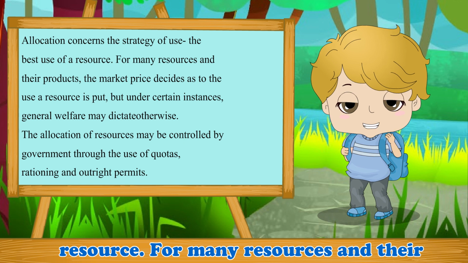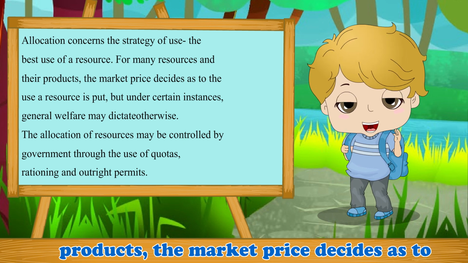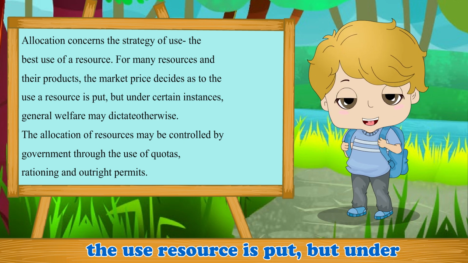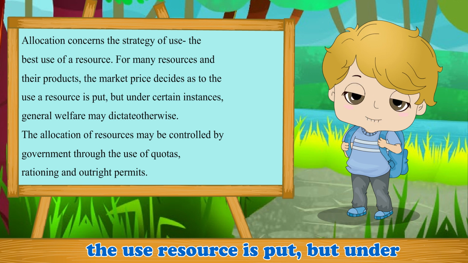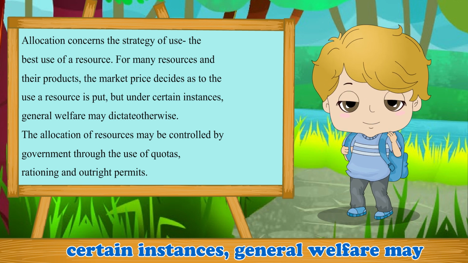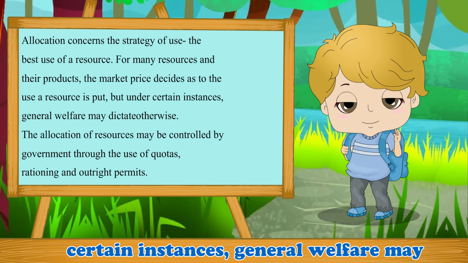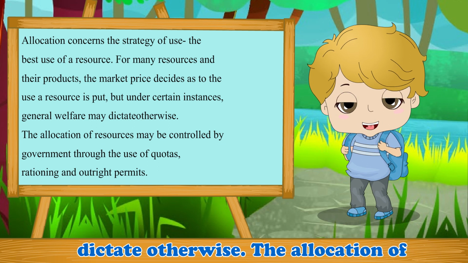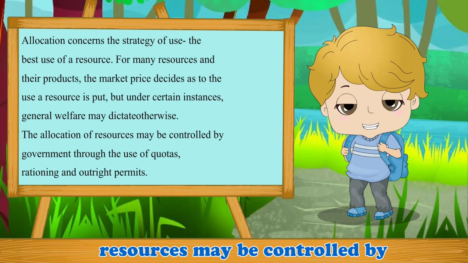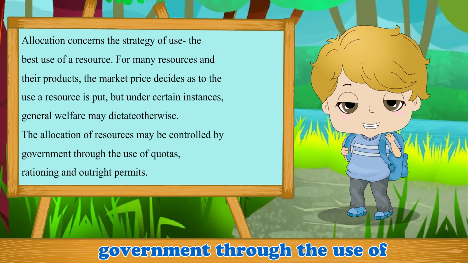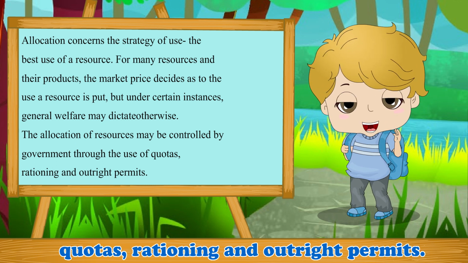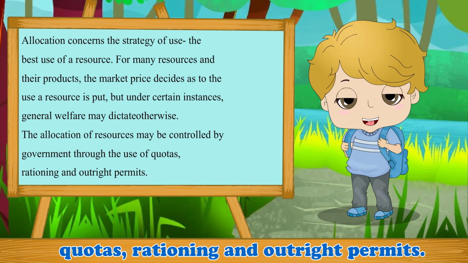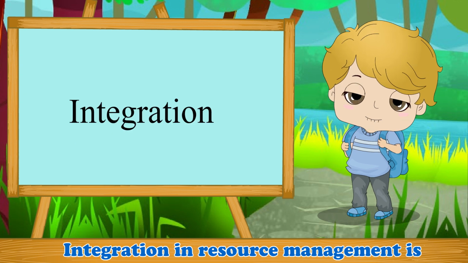For many resources and their products, the market price decides the use a resource is put to. But under certain instances, general welfare may dictate otherwise. The allocation of resources may be controlled by government through the use of quotas, rationing, and outright permits.